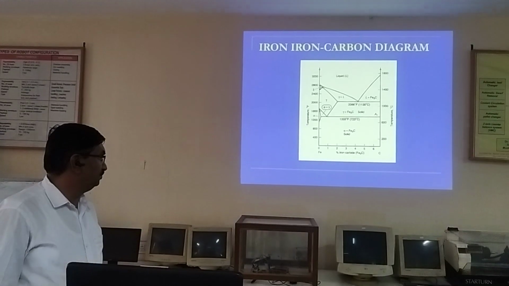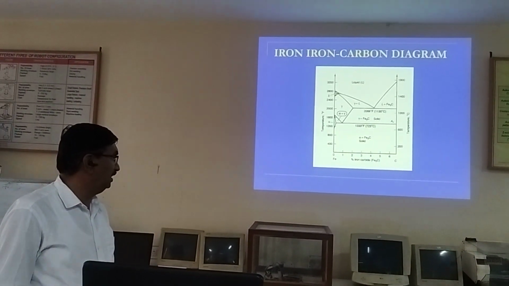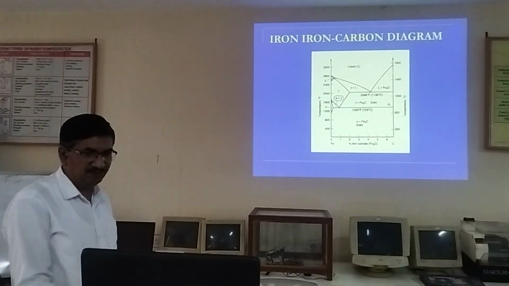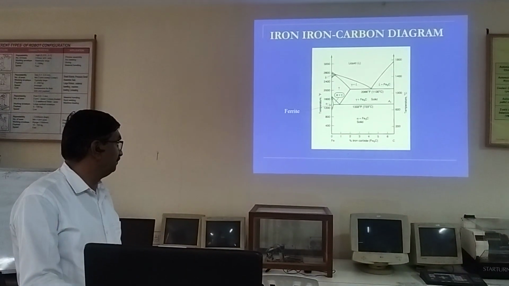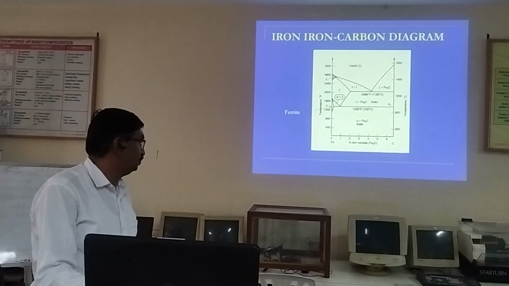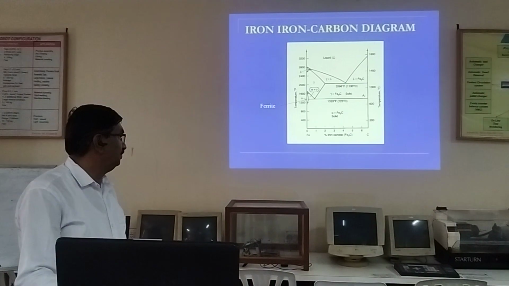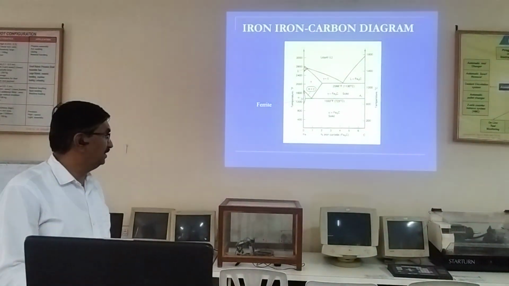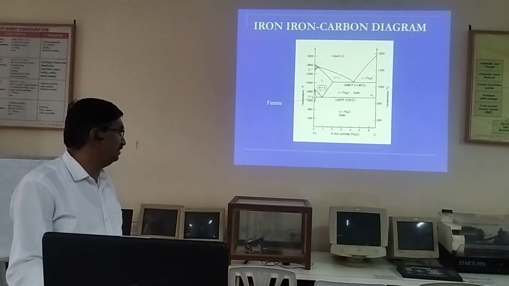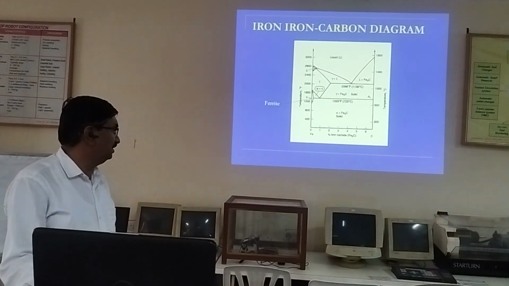If you add carbon percentage, up to 0.08%, we get alpha ferrite. That is one of the alloys of carbon in steel.